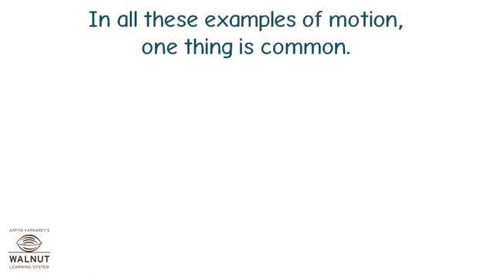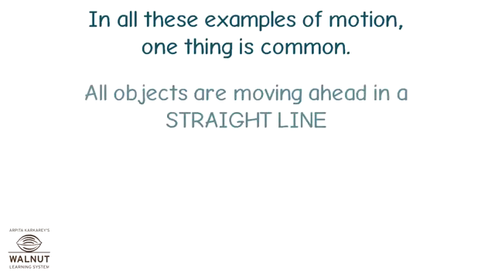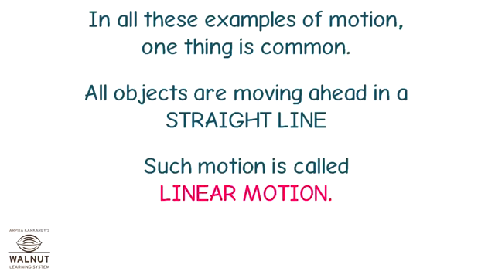In all these examples of motion, one thing is common. All objects are moving ahead in a straight line. Such motion is called linear motion.